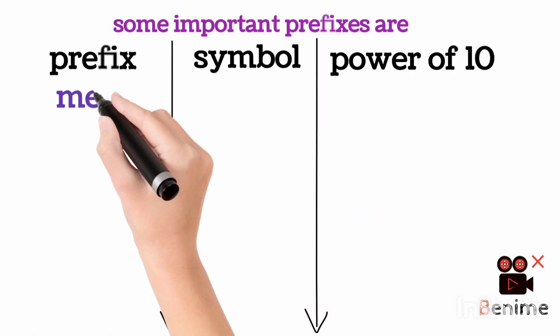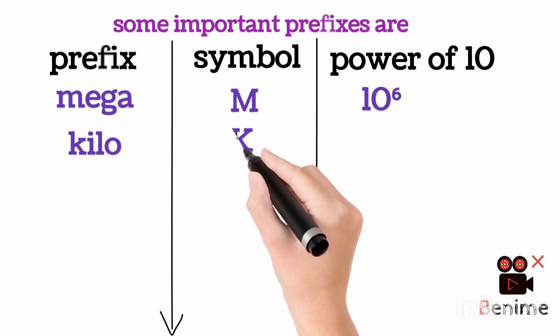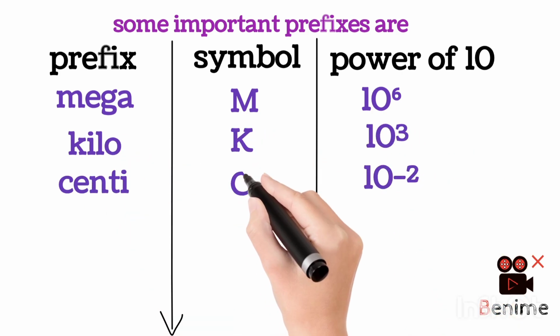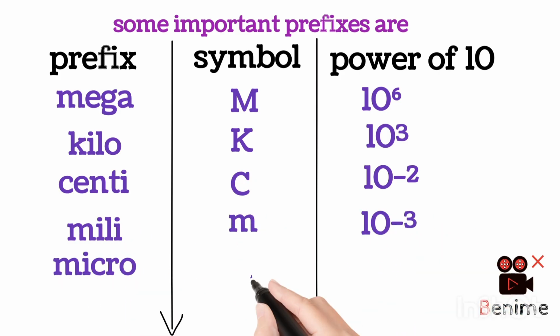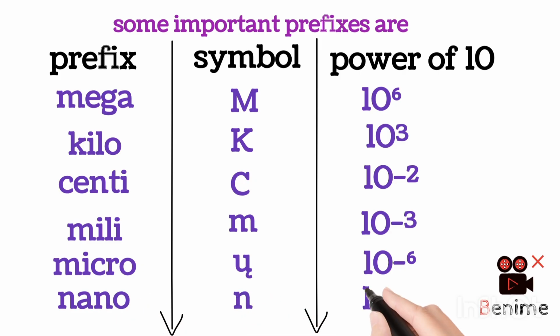Some important prefixes are given in the table with their values and symbols. Some of them are kilo, mega, milli, micro, and nano. Prefixes help us to write very large and small measurements in symbolic form.